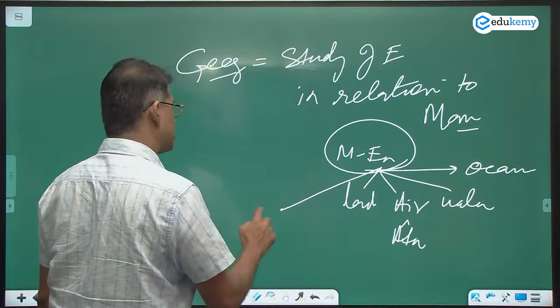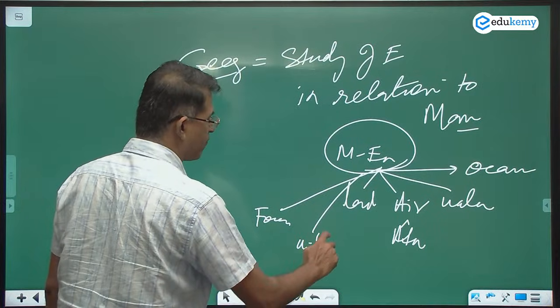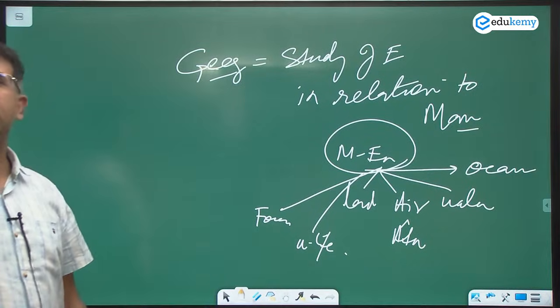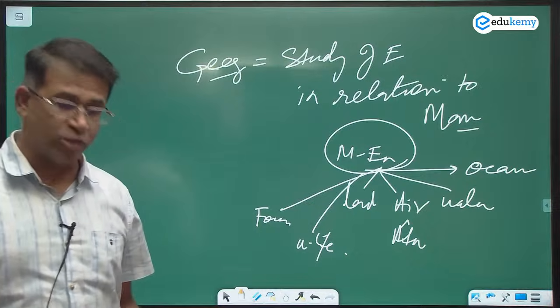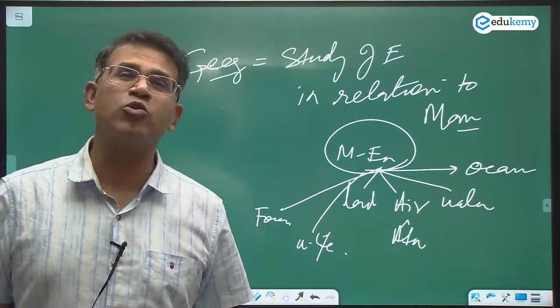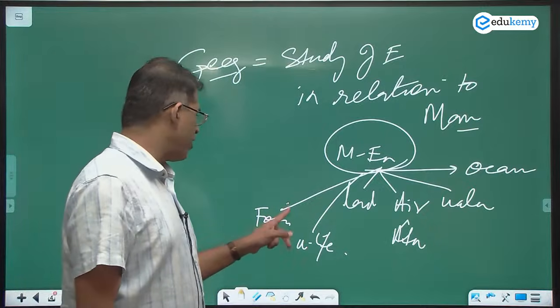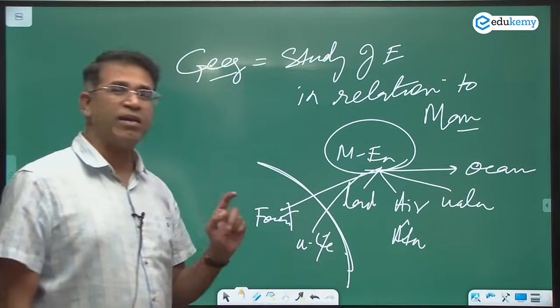Environment also means forests, also means wildlife. And how does man interact with this? So, man-environment relationships is what geography's scope is.